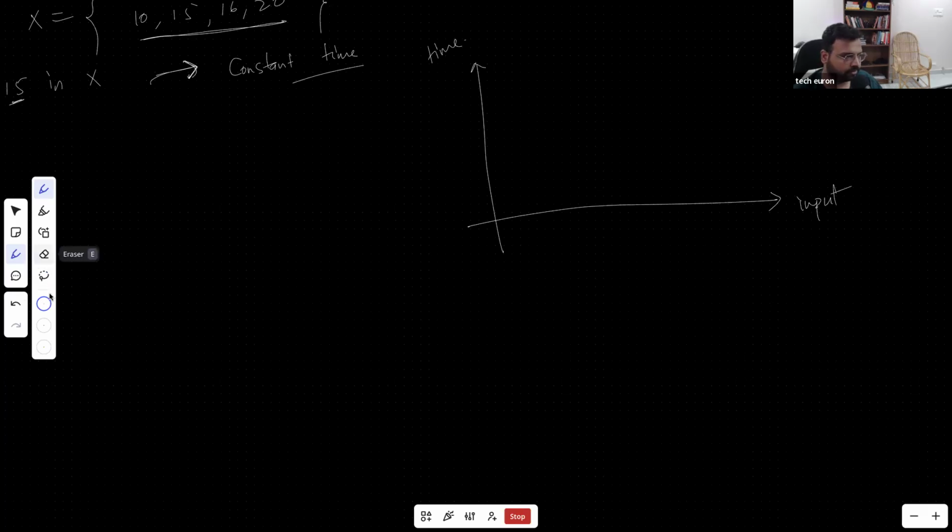If it is constant, it means it is constant like this. If your input is 10, suppose this is 500 millisecond. If it is 10, then it takes 500 millisecond. If it is 100, then also 500 millisecond. If it is 1000, then also 500 millisecond.